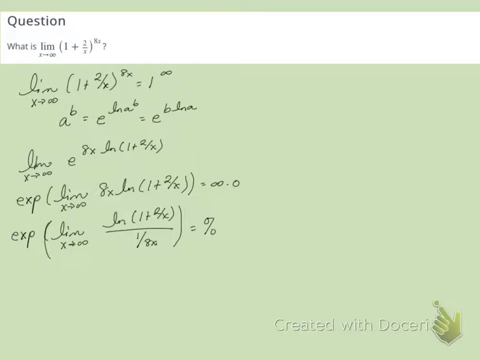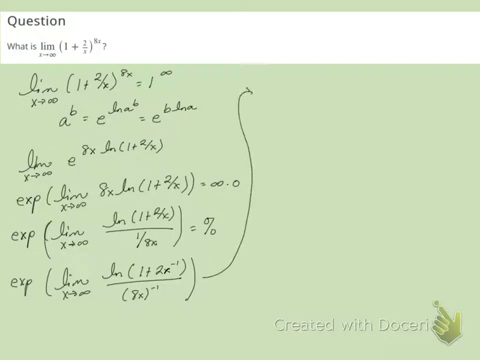I'm going to rewrite this to make finding the derivatives a little bit easier, using negative exponents. So we'll have ln of (1 + 2x^(-1)) over 8x^(-1). So let's do L'Hopital's rule, and we will have the limit as x goes to infinity.